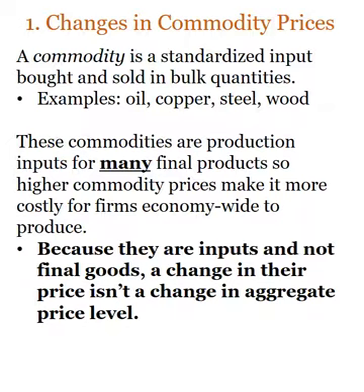Commodity prices deal with commodities, which are important to realize. They are standardized inputs bought and sold in bulk. These are huge goods in our economy: oil, copper, steel, wood, glass, rubber, petroleum.